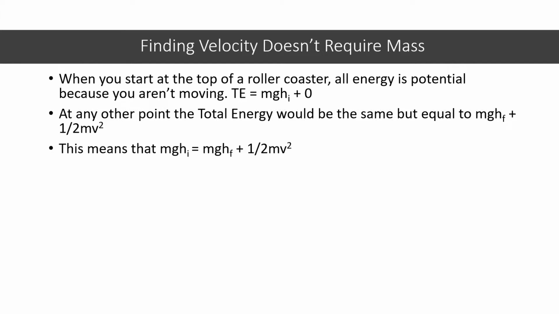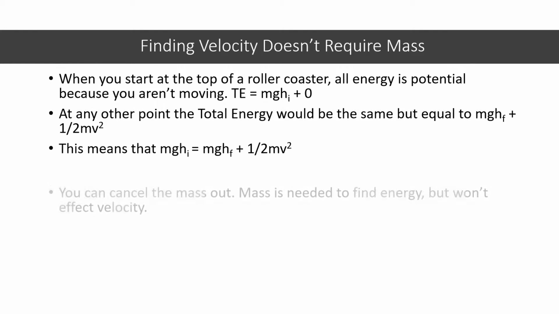Notice that every single term there has mass in it, which means I could divide by mass through the whole equation and cancel it out. I'm going to cancel mass from every single term in this equation.